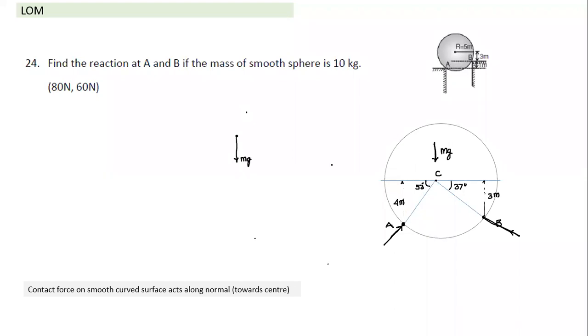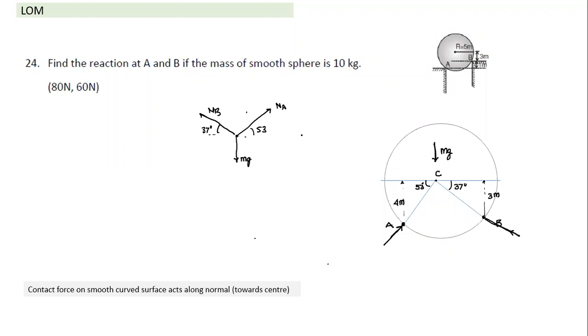At 53 degree from the horizontal, the reaction at A, NA, and B is at 37 degree from the horizontal. That's NB. So we have two unknowns and two equations.